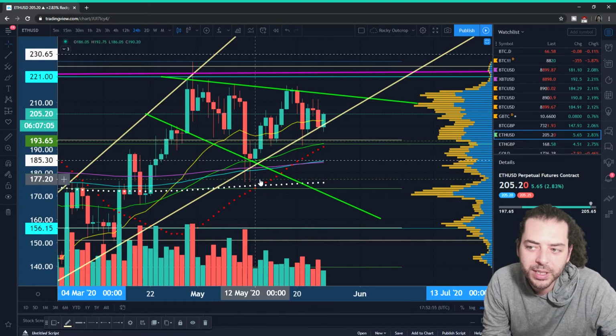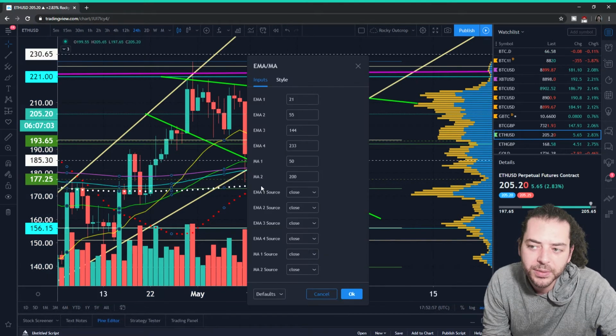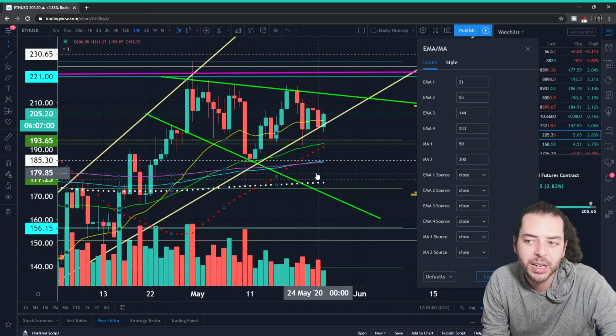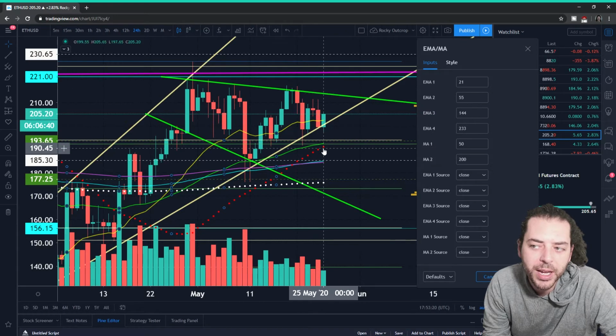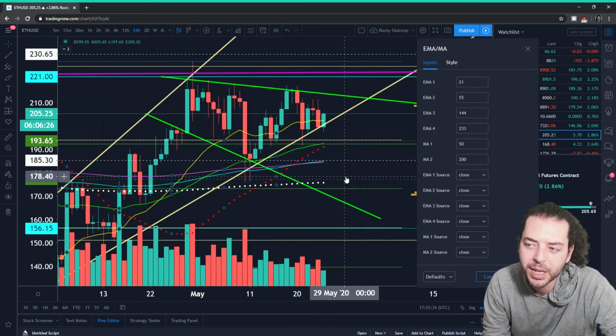But we know that there's this. I'll just double check this is set to. So there's a couple of questions here. One of them is, if this is set to 50 and 200, using the Golden Cross philosophy from the traditional world, which is traded Monday to Friday, on this market which is open 24/7, then you could use 50 and 200 and see there was a golden cross back here on the 13th of May, and perhaps we just come down and retest at 191 or so where the 50 moving average is, or over the next couple of days that will move up a bit more, and we could be testing it in and around these areas as part of a fake out of a breakout from this symmetrical triangle concept, for instance.